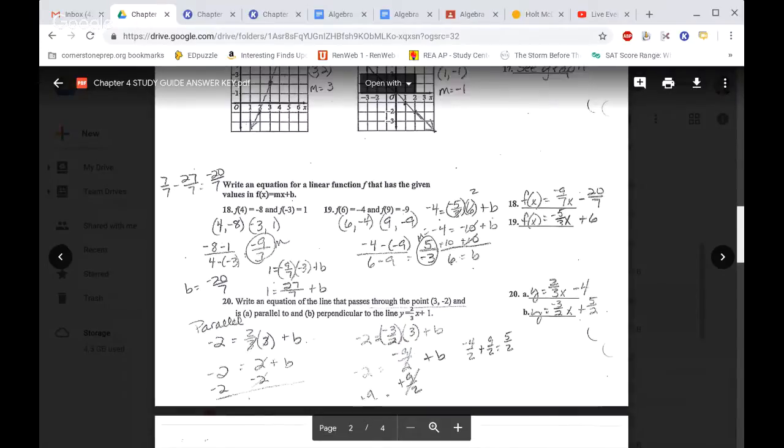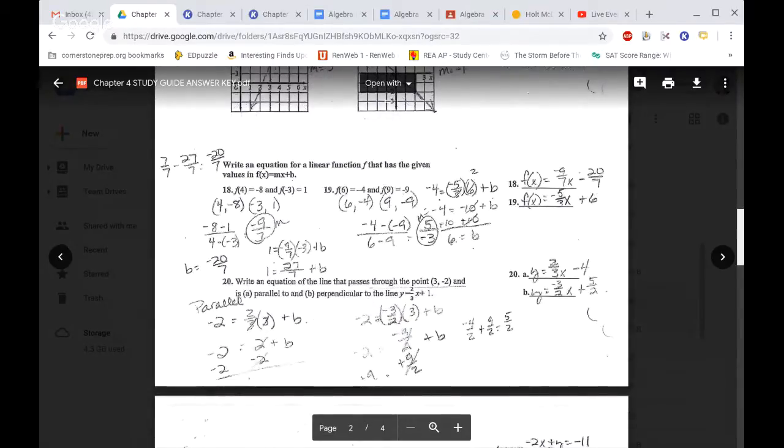See where I have 27/7. It says it equals -3 and 6/7. Do you see my work where it says 27/7 plus b? So I'm going to subtract 27/7 from both sides.